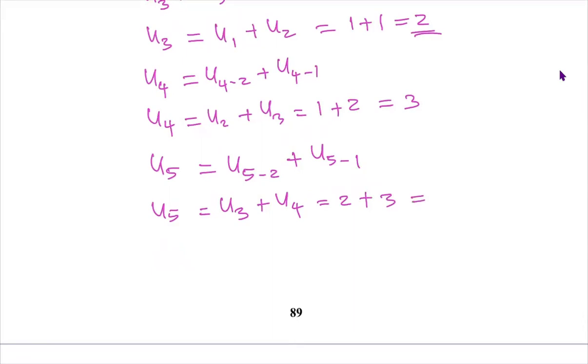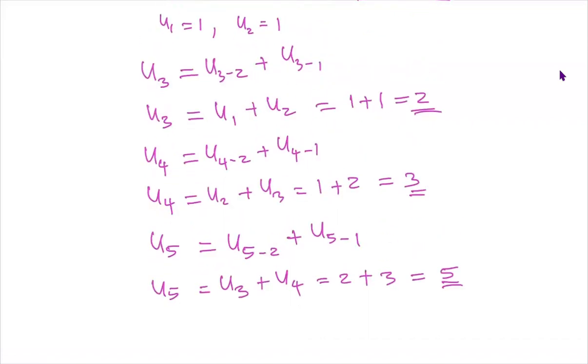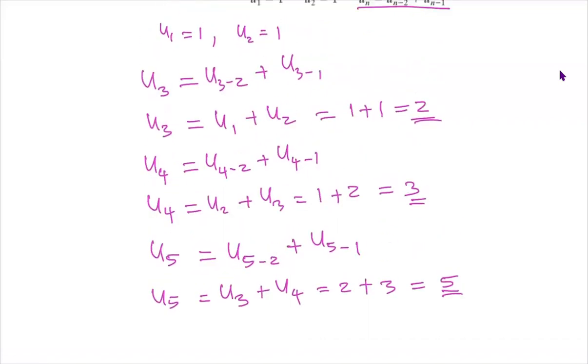So that equals 5. So we found the 5 first terms of this sequence: u1, u2, u3, u4, and u5.